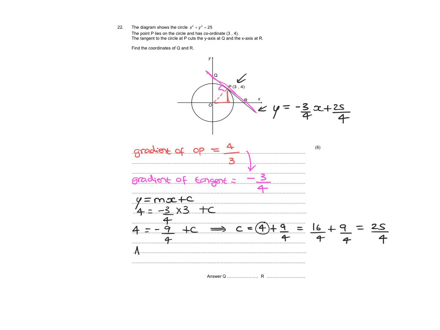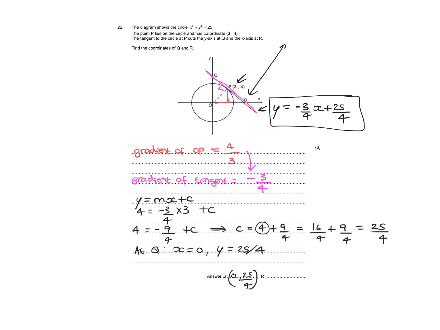Now at point Q, we know that the x coordinate is 0. So if we input x equals 0 into this, then we're going to get y equals 25 over 4. So that tells me that the coordinates of Q are 0, 25 over 4. And the question does ask for coordinates, so I must write 0, 25 over 4. Now, this point over here, R, I've run out of space a little bit on my screen, so I'm going to do this up over here.